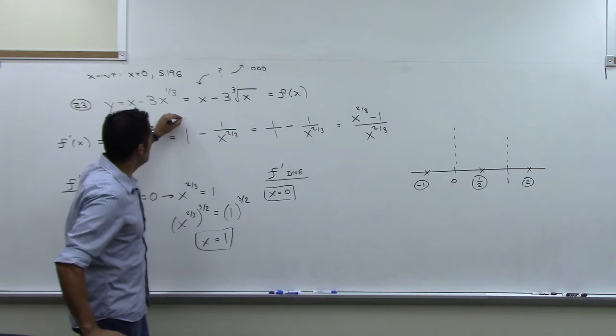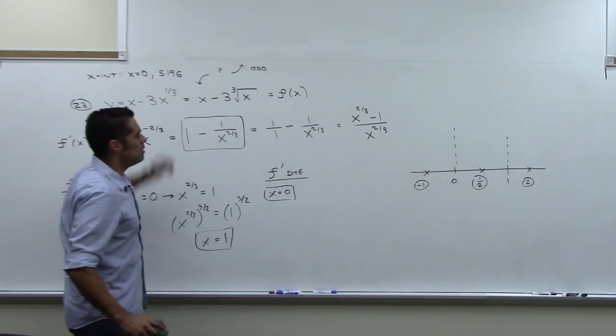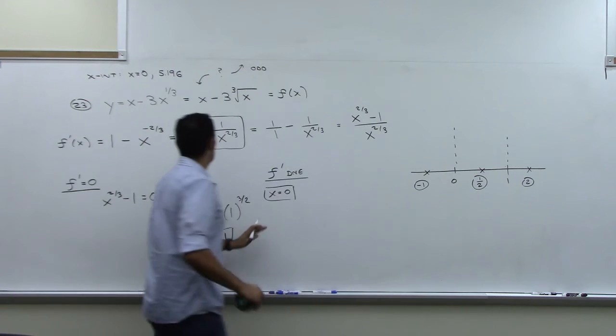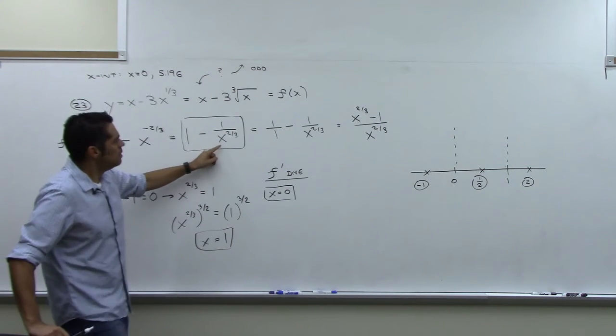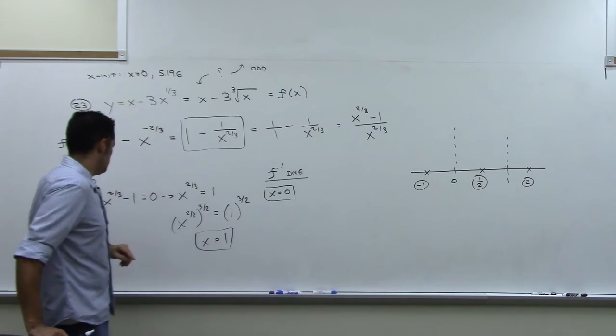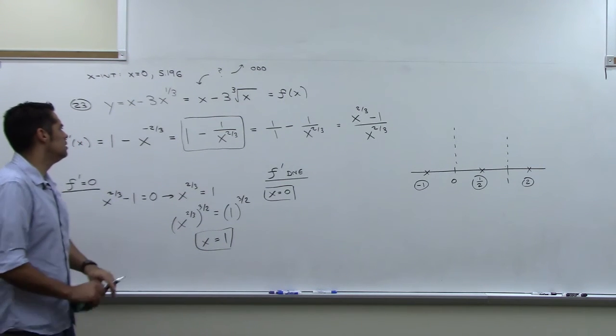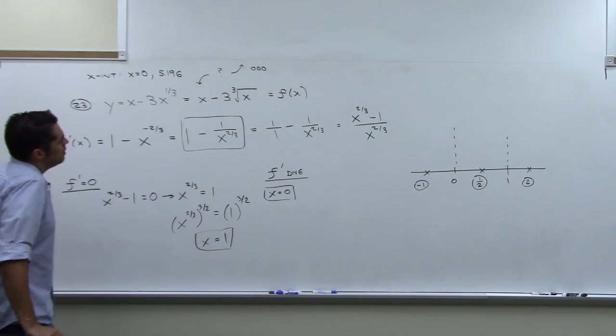I guess I'll plug it in right here to this one. So what would happen if I plug in negative 1? Well, if I plug in negative 1, hold on a second. Is that right?